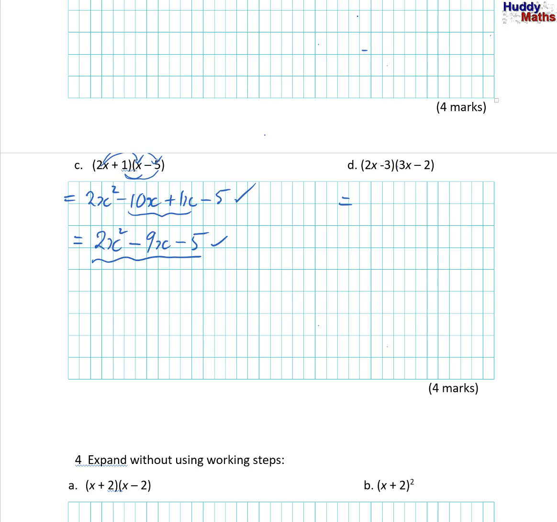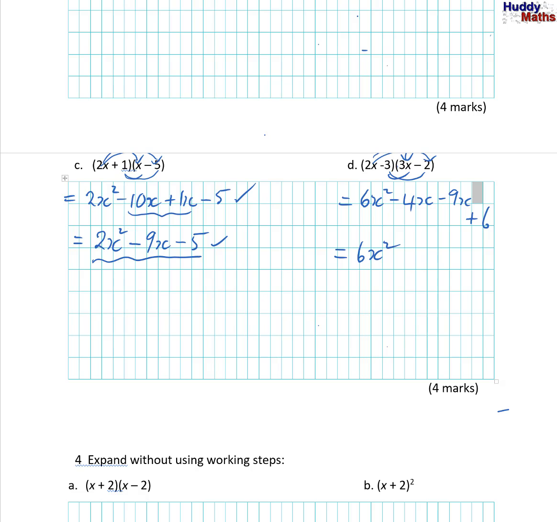Let's have a look at this little dude over here. This is equal to, let's have a look, 2x by 3x. Oh, that's 6 and x squared, x by x. Then 2x by negative 2 is negative 4x. And then negative 3 by 3x is negative 9x. And negative 3 by negative 2, negative. So that equals, what? We've got our x squared term, 6x squared.